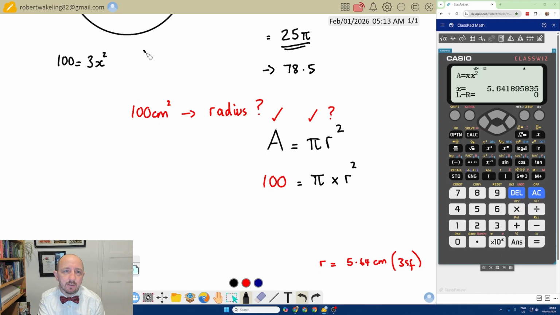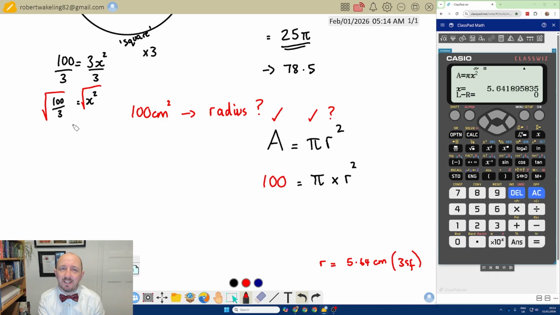Times by 3, and squared would actually come first by BIDMAS. Think of a number, square it, and then times by 3. We're going to reverse that process, which is to divide by 3 on both sides, and that will give me x squared, 100 divided by 3. And then we would reverse the square process, which is square root both sides.